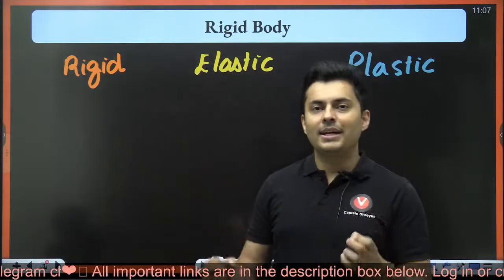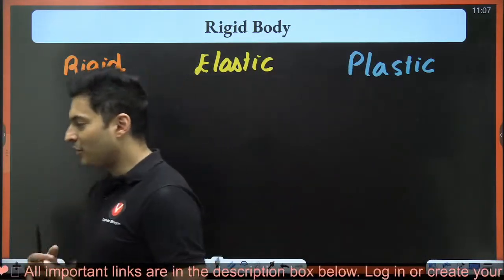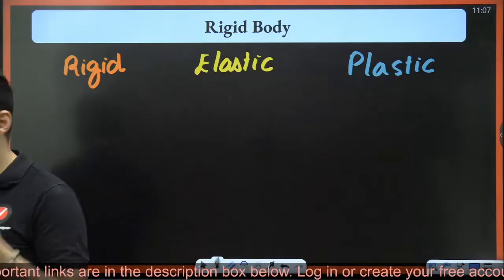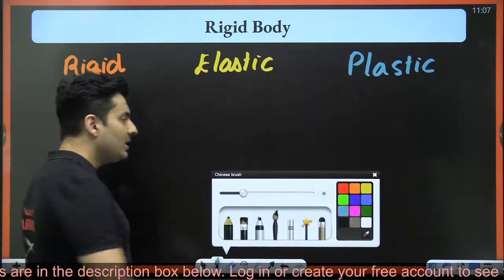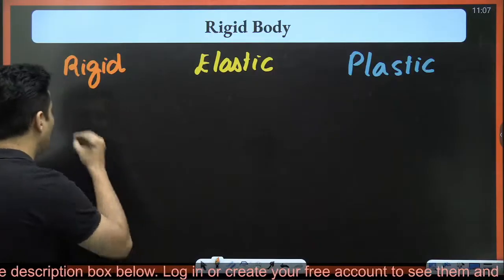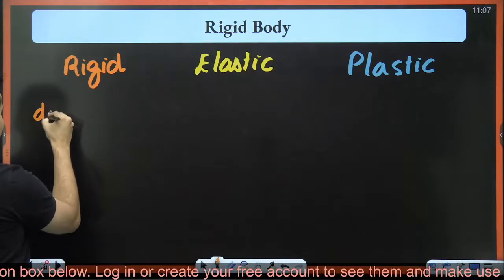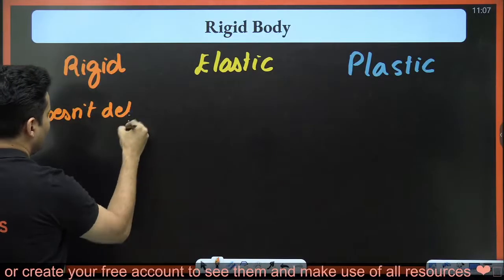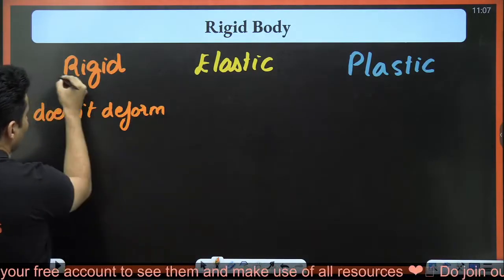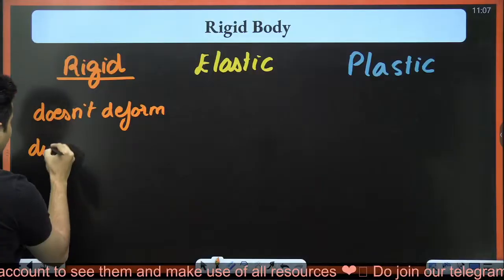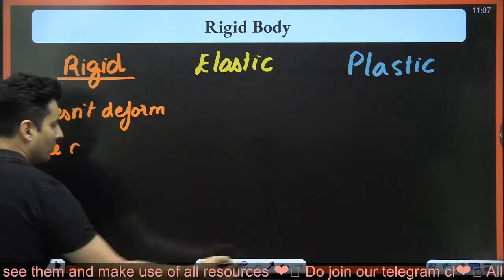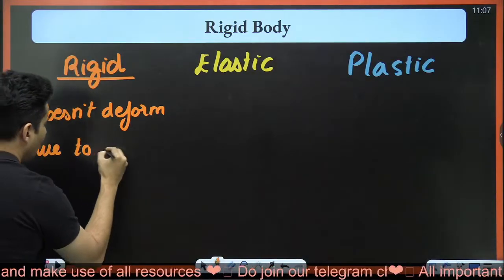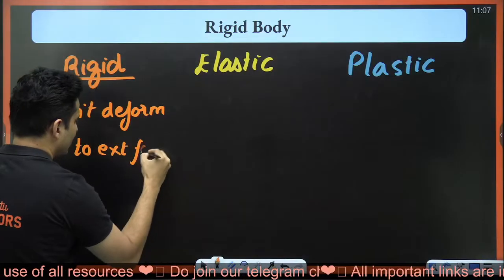You don't get affected, you don't change for anything. Is that right, everyone? So a rigid body means a body which doesn't deform due to external forces.